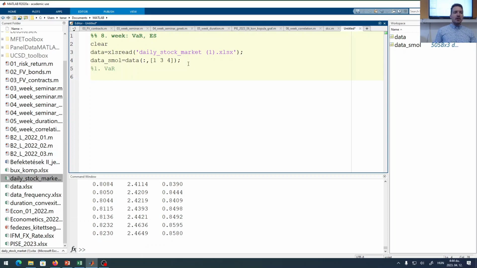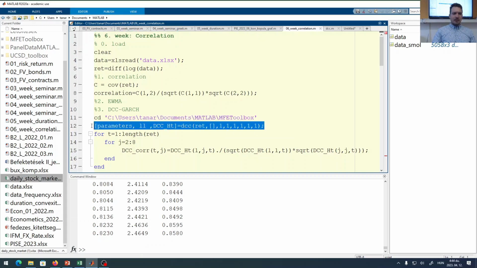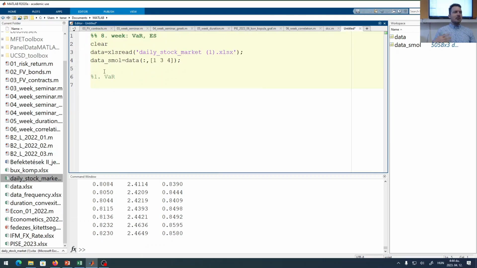Oh, before defining the thresholds, let's already estimate a GARCH model on it. And let's be lazy and immediately fit a DCC GARCH model, because if we later need any kind of correlation, we need the DCC.